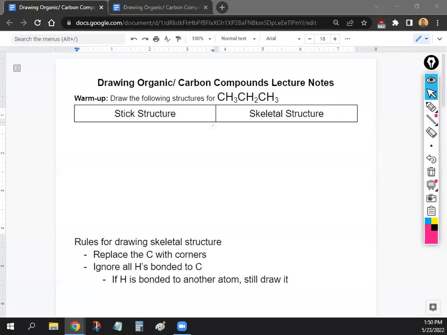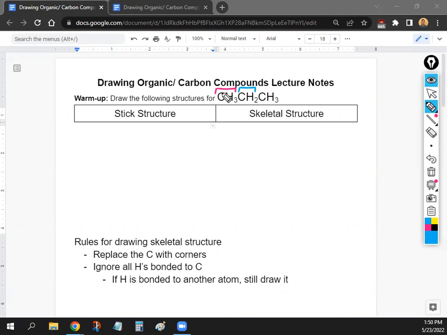All right, so we're gonna be drawing the stick structure for this chemical right here at the very top, CH3, CH2, CH3. Now we learned how to take a look at these formulas in the previous unit. We said that if the elements are split up like this, then we have to just assume that they are together.